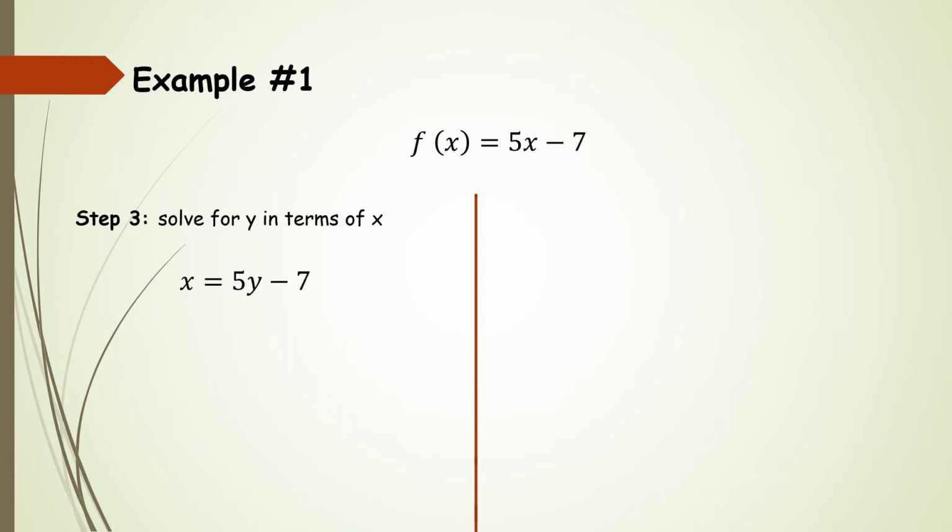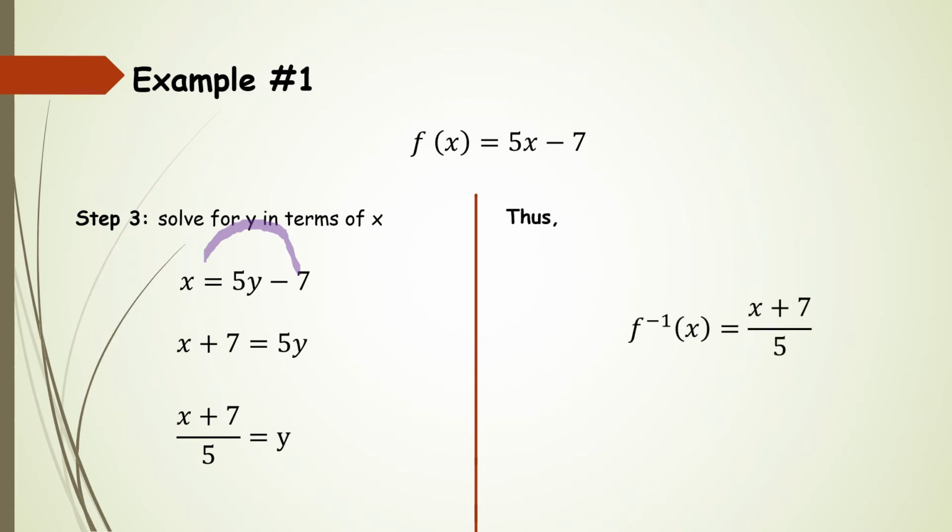Since we have x is equal to 5y minus 7, transpose lang natin ang negative 7 or by using additive inverse, we have x plus 7 is equal to 5y. Dividing both sides by 5, we have x plus 7 all over 5 is equal to y. Thus, the inverse of f of x is equal to x plus 7 all over 5, which is pareha lang na nakuha natin nung nag-solve tayo intuitively.